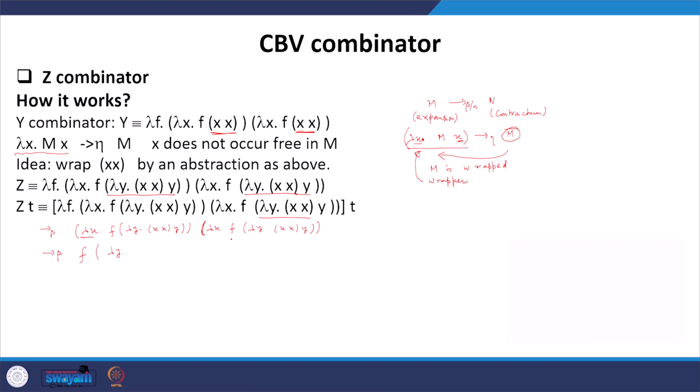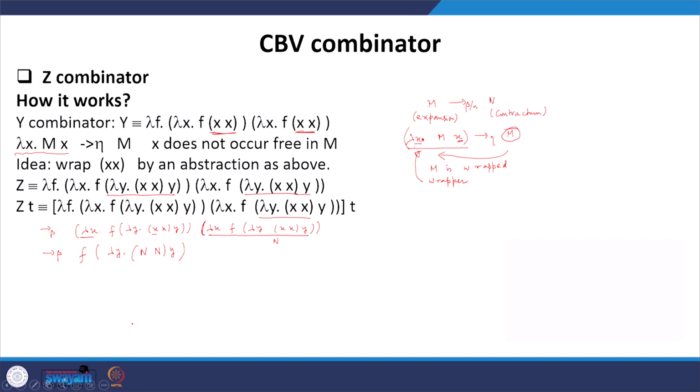This is a bit lengthy term, so instead of this, let us put some other symbol. I can say m, but m might get a bit confusing with the original one, so perhaps n will be better. So x will be replaced here with n, again x will be replaced with n, and we have y, and we have this term.